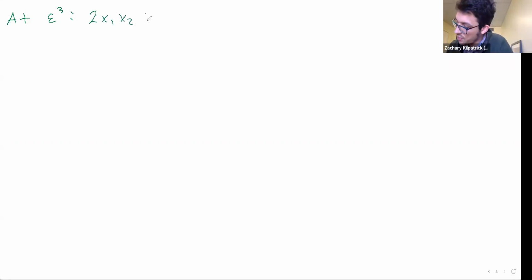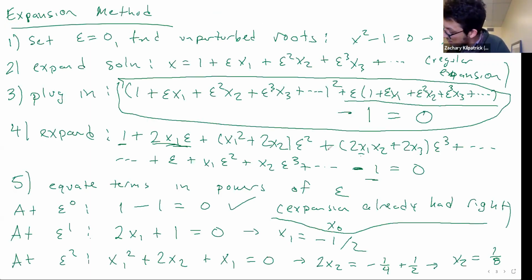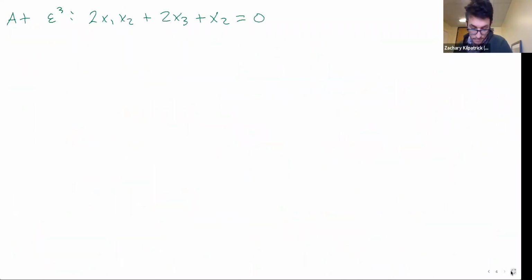Okay, so 2x1x2 plus 2x3 plus x2 equals 0. That's what shows up at order epsilon cubed. So just to double check that, here are these epsilon cubed terms here, and there's my other epsilon cubed term there. We just put them all together into an equation.